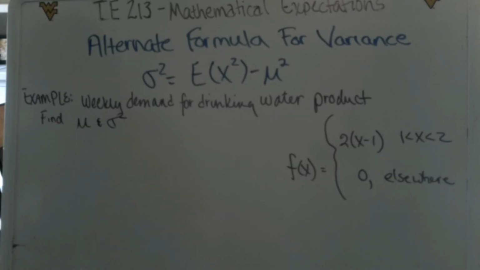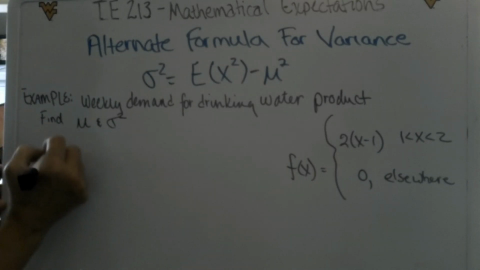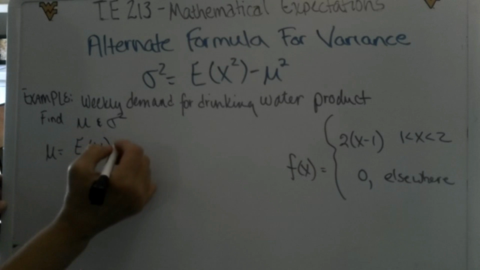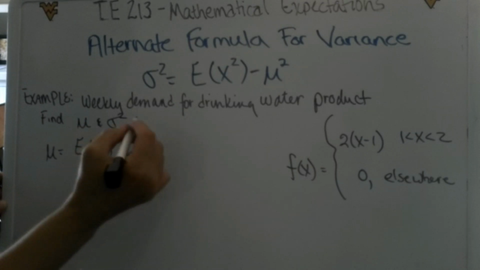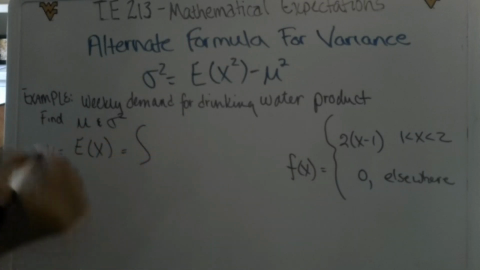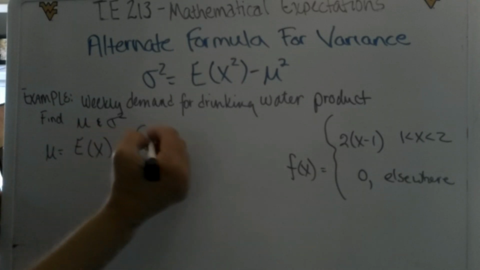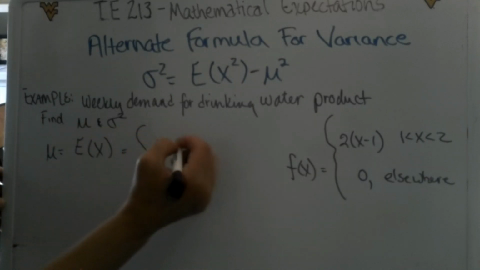So we're going to start with finding mu is equal to the expected value of x. Now this is a continuous, so we're going to need to integrate. So we're going to integrate 2 times x minus 1, and we have to multiply by x.